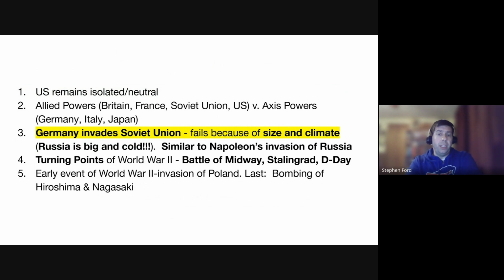Early event of World War II, the invasion of Poland, the Blitzkrieg, and the last big event of World War II, the bombing of Hiroshima and Nagasaki, ends the war. And the Regents has asked that a lot. They'll have a document about one of the bombings, and then it's like, what was the effect of this? The war in the Pacific ended, Japan surrendered, the end of World War II, whatever it might be, something like that has often been the answer.